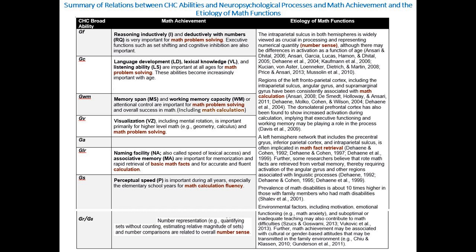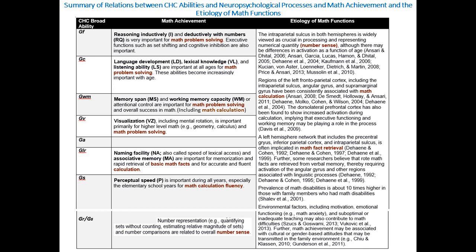Now, this slide shows a combination of the processes and associated impairments from both CHC and neuropsych literature. On the left-hand side, you see the 7 areas.